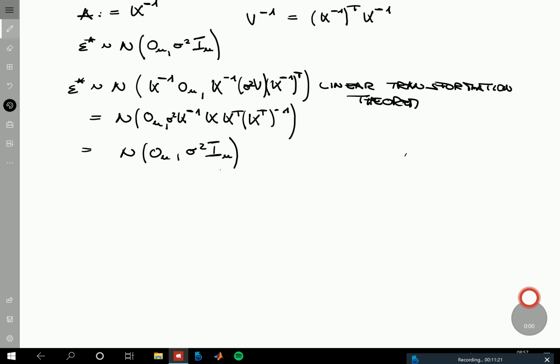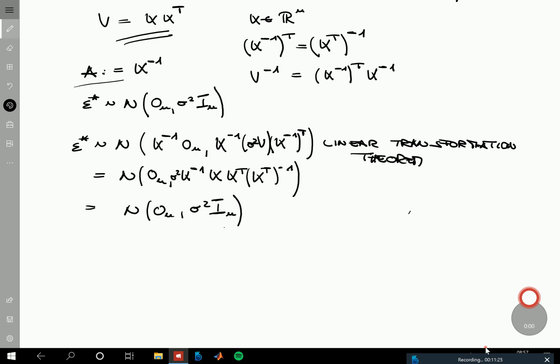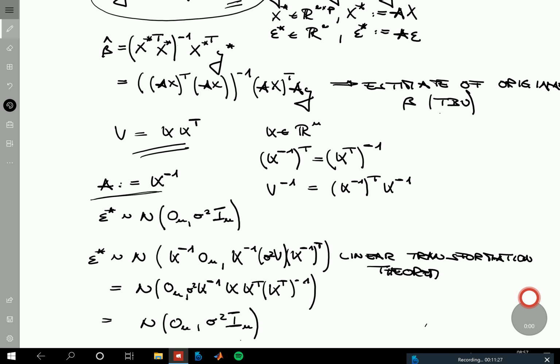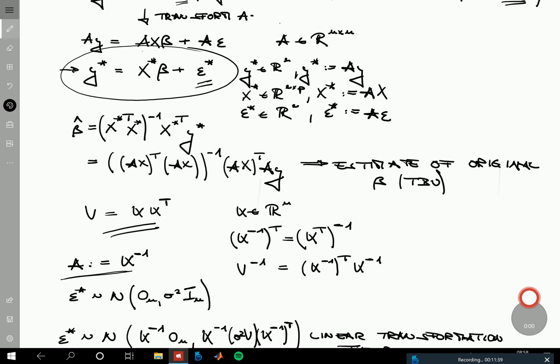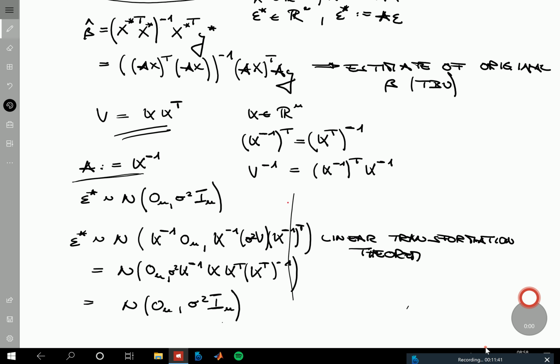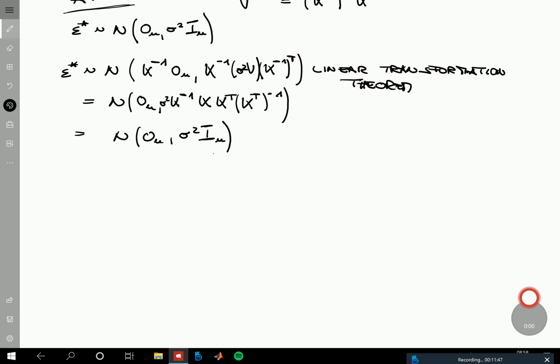So the trick here was to use a transformation matrix A that we apply to our non-spherical GLM, where we have a non-spherical error covariance matrix, and then use the linear transformation theorem for Gaussian distributions to show that the errors of this transformed GLM are again spherically distributed.